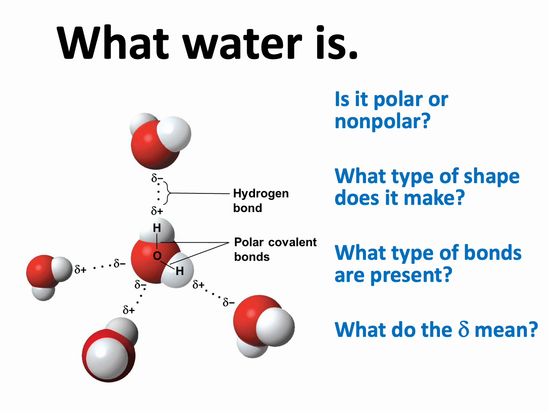So what type of bonds are present? Well, of course, there's the covalent bonds that hold water together, and these are polar, meaning that they share their electrons, but they do so unequally. But they also form these other bonds, right? Hydrogen bonds, which are based on differences in the delta. What does that delta symbol represent? Yeah, it represents the slight charge difference based on that sharing of the electrons.